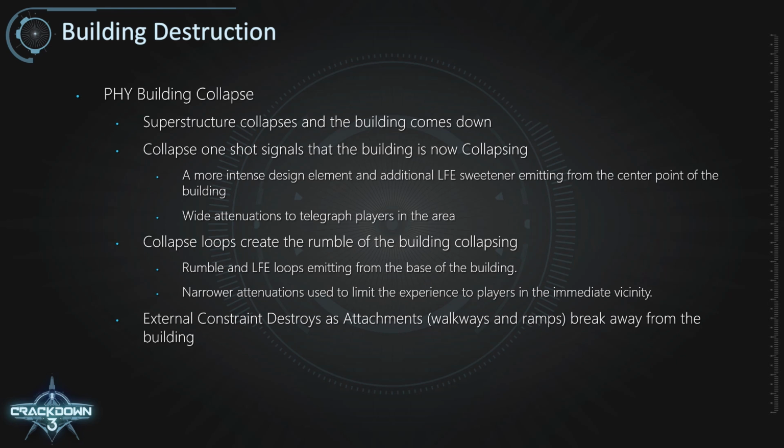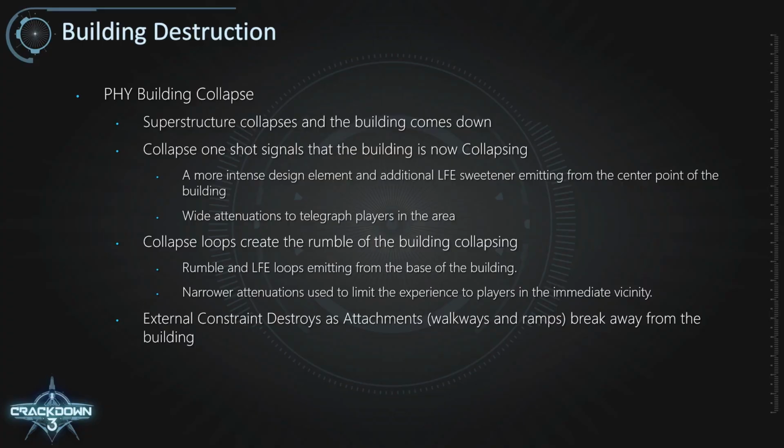And then we also have a looping rumble sound, an LFE event at the base of the building. Again, narrow attenuation, so only for those players in the immediate vicinity. And lastly, you'll hear attachments. These are the walkways and ramps that are attached to the building falling down. Those constraints are going to break, and that's kind of a metal whiny snap sound.